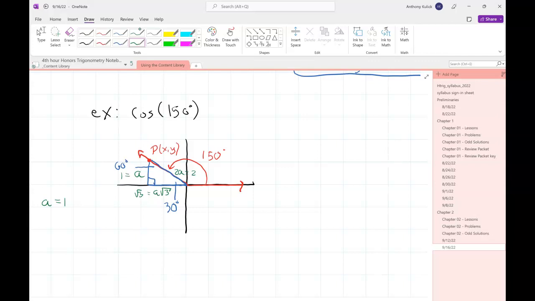So what do I have here? X is equal to square root of 3. Y is equal to 1. And then R is equal to 2. This is the X side. This is the Y side. And this is the R side.